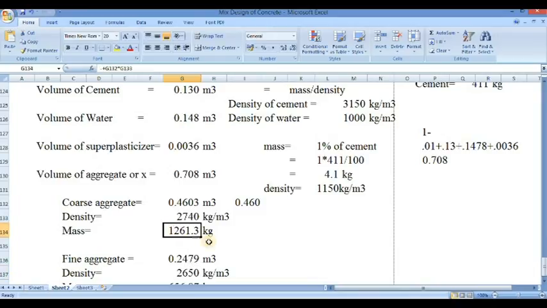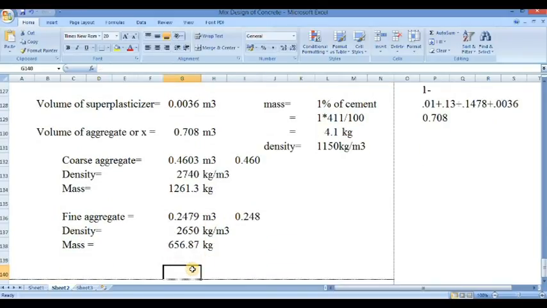So from that you got coarse aggregate as 1261 kg. And for fine aggregate, the volume is 35% of 0.708, which is 0.248 if you round it off. The density is 2650, or specific gravity 2.65. From that you got the mass as 656 kg.